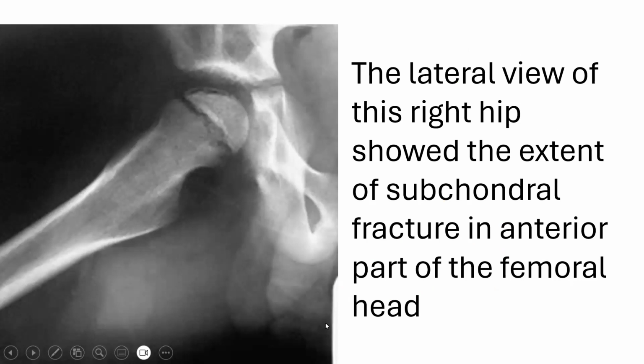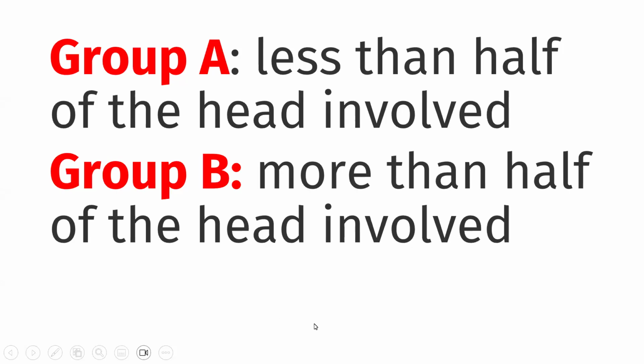Group A is less than half of the head involved, depending on the extent of the subchondral fracture, and group B is more than half of the head is involved. This is called the Salter-Thompson classification. It's nice to know, and you have to tell that it tells you what stage the patient is by just studying the crescent sign or line.